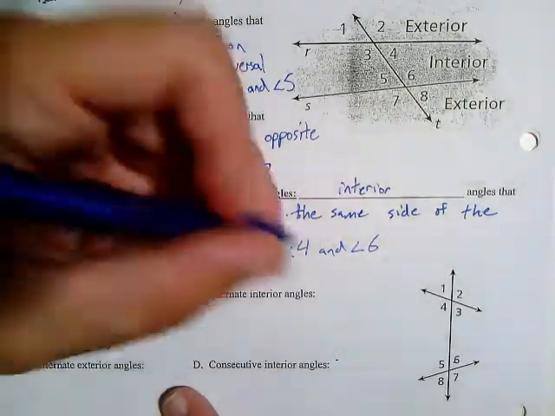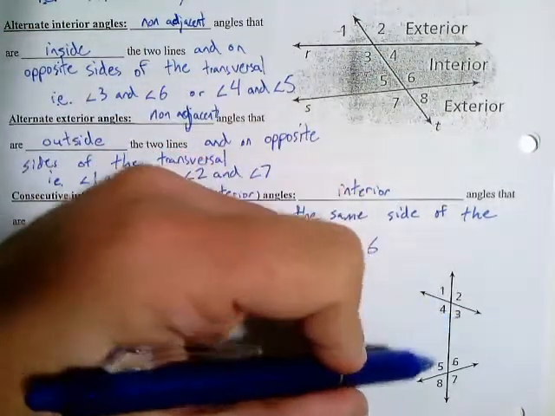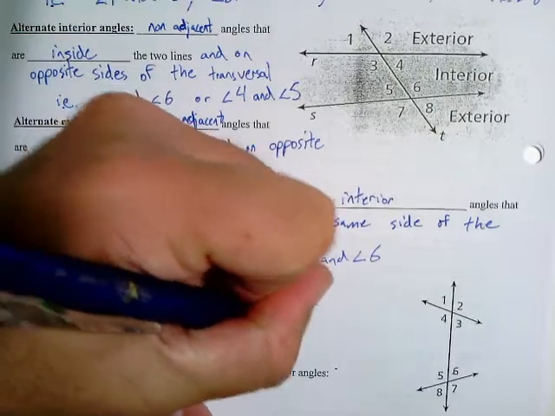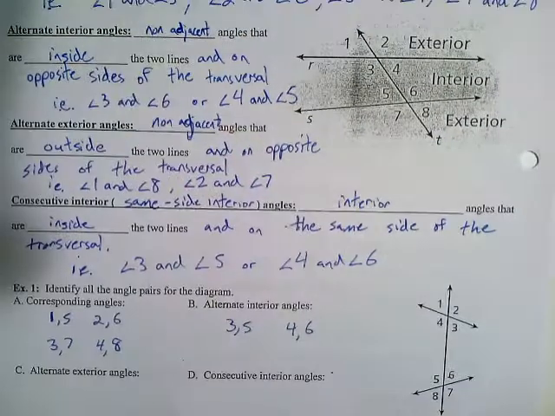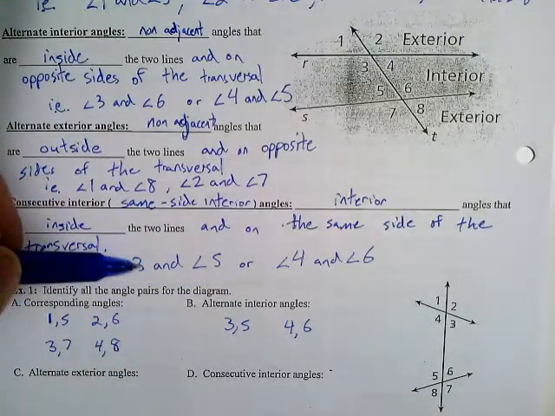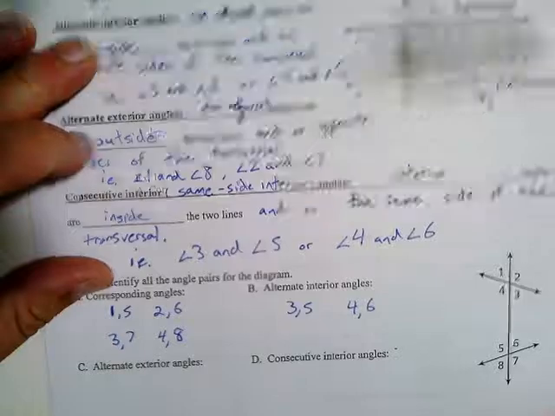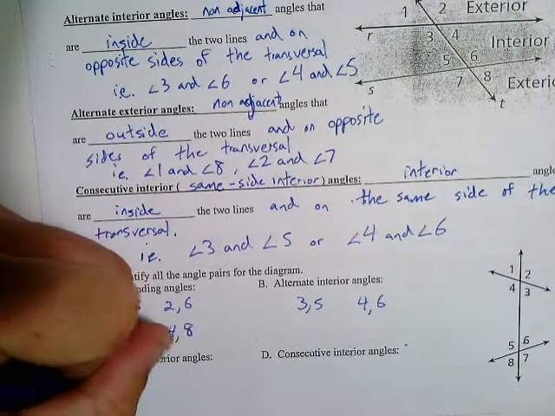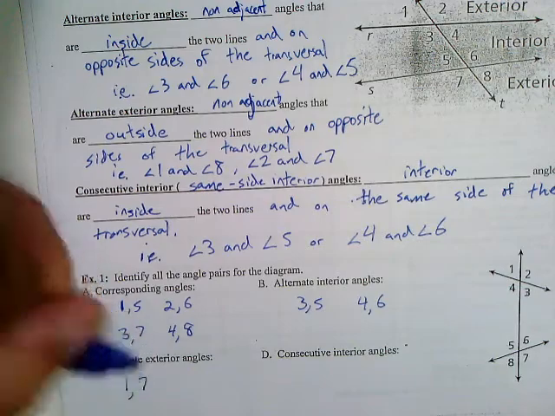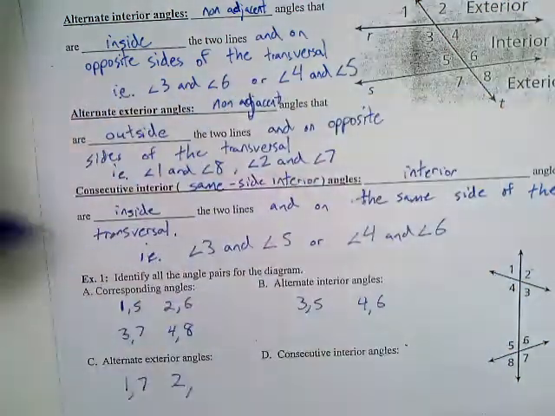Alternate interior angles. We have a couple of pairs here. We could say 3 is alternate interior with 5, and 4 is alternate interior with 6. Again, this is not the proper notation. You probably want to write out the angles like I have up here, but I'm just doing it in a quick shorthand. Alternate exterior angles: angle 1 is alternate exterior with 7, and 2 is alternate exterior with 8.